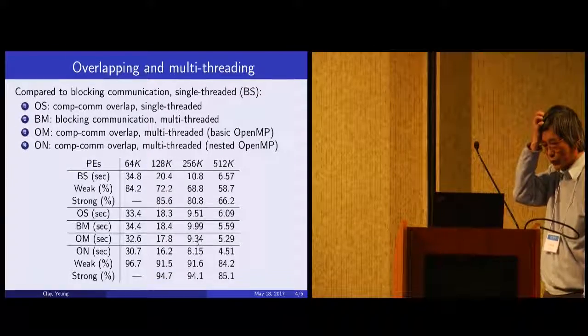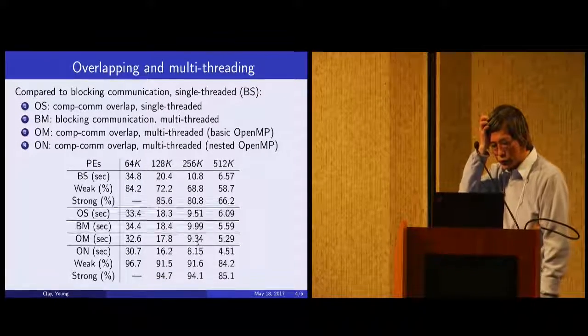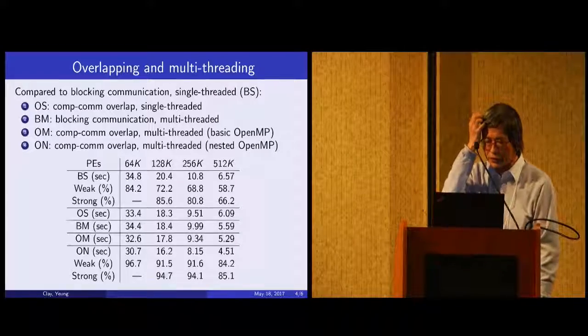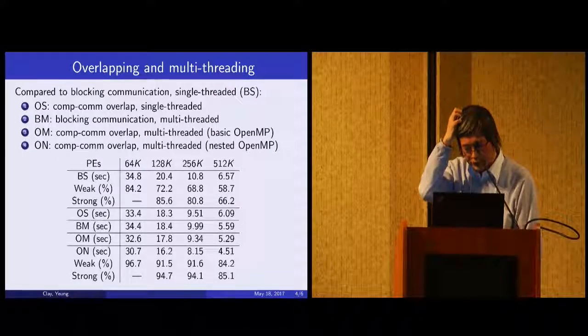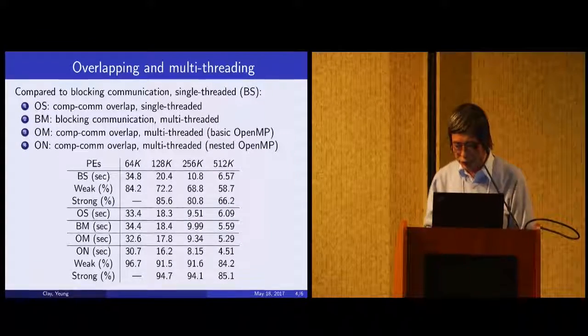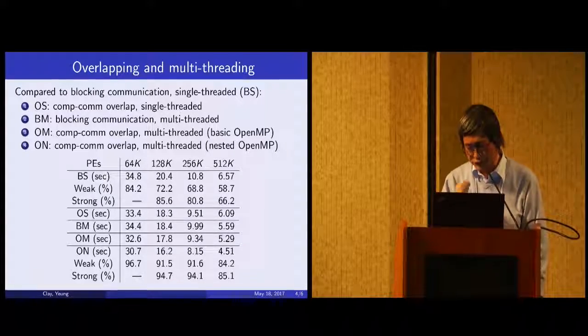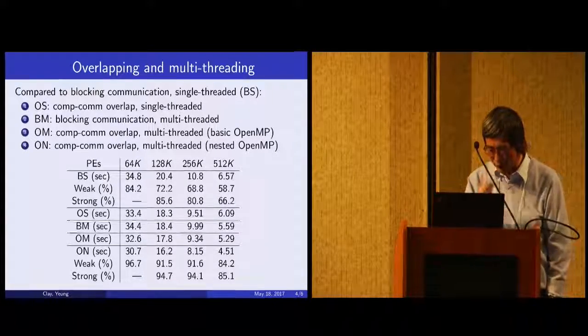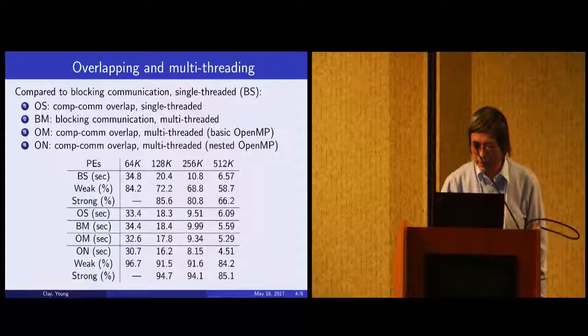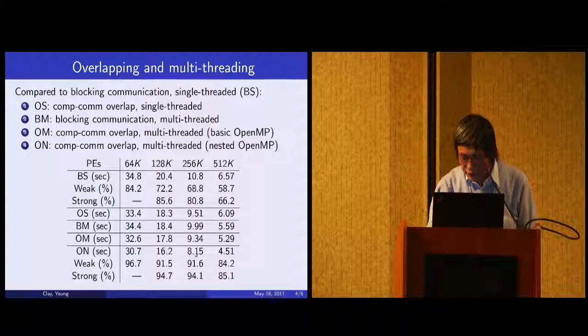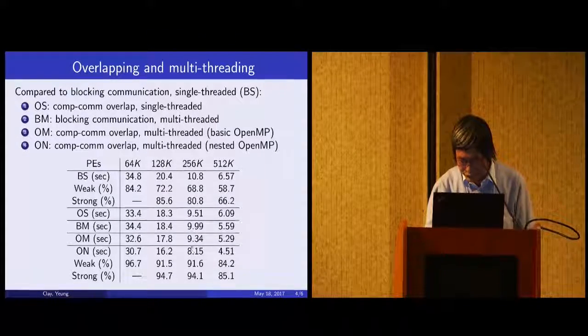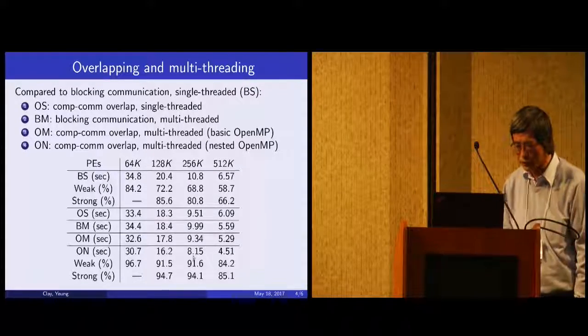But we actually found that if we dedicate one of the threads to communication and the other to computation using nested OpenMP, which is what we can do with OpenMP version 2 point something, then we actually go down from 10.8 seconds to 8.1 seconds.